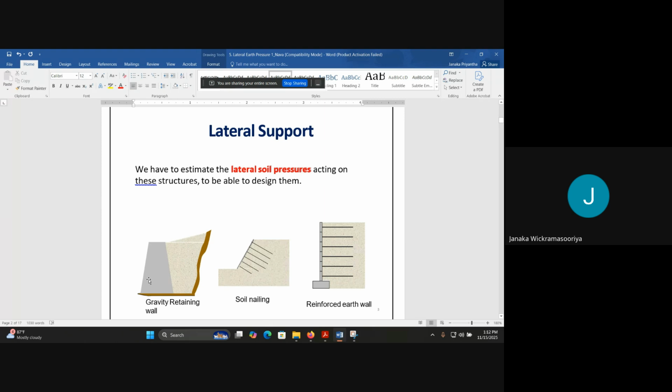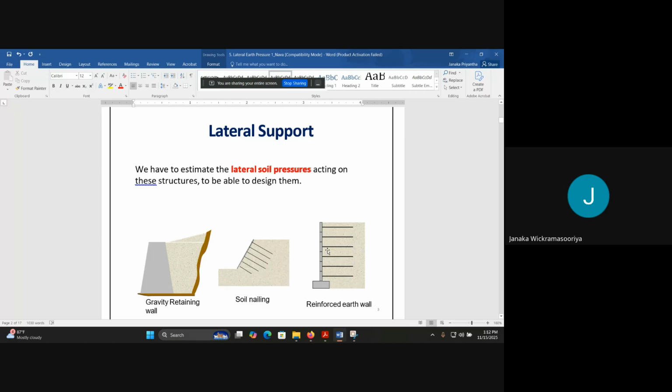So if we have a gravity retaining wall to retain this soil amount, then we have to determine the lateral forces acting on this particular structure. And during soil nailing also, we have to decide what are the lateral forces acting on this structure.